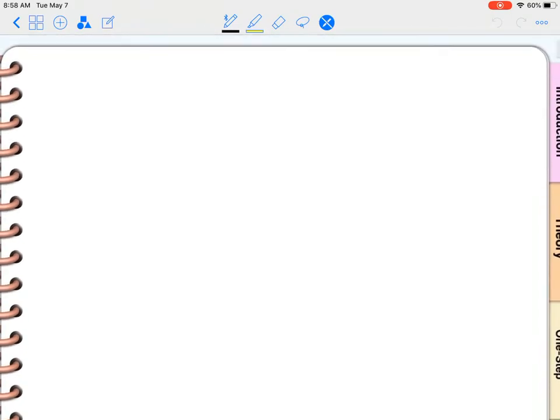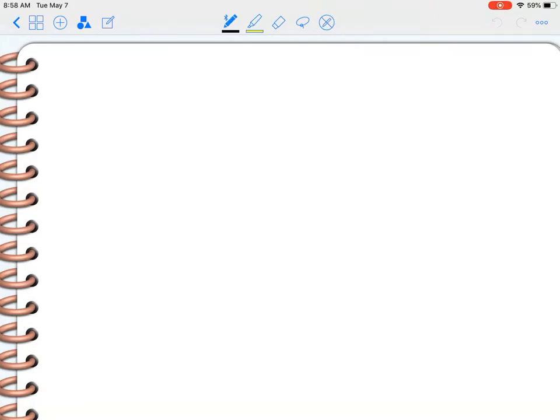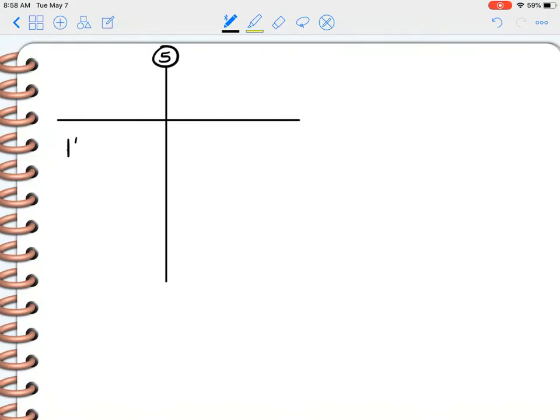All right, the next one is problem number 5, and it is 12n minus 16 equals 32. So there's the variable, and that's the constant.